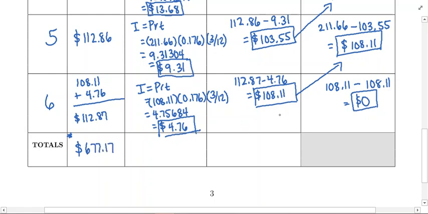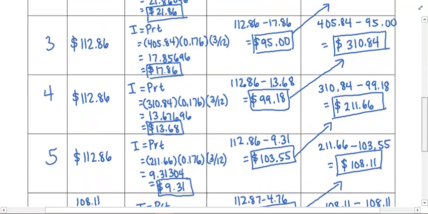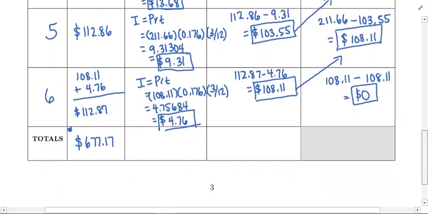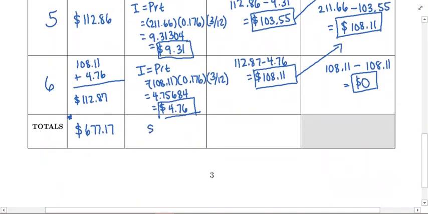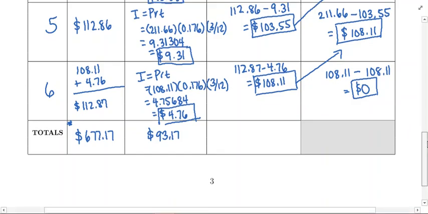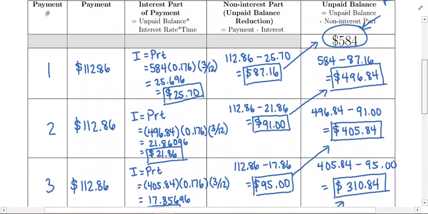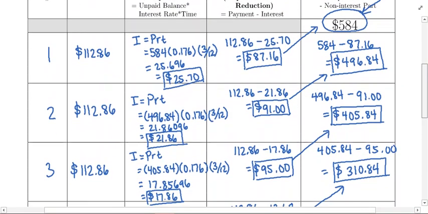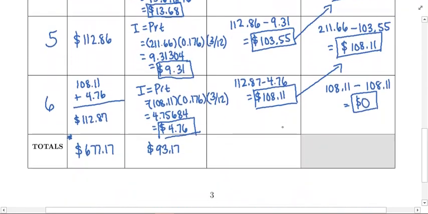If you add up all the numbers in the interest column, that is going to be $93.17. If you add up all the numbers in the fourth column, the non-interest parts, this is going to give you exactly $584. So here are your totals.